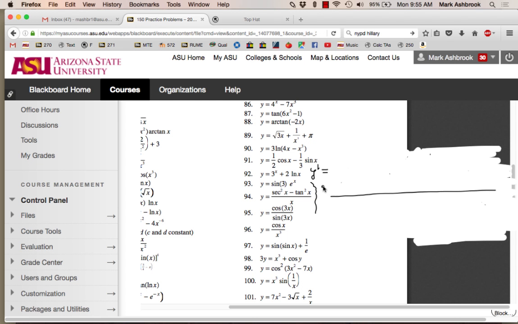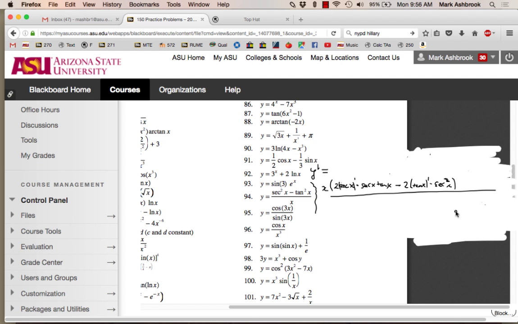It's going to be low, and then d high, which is, this is something squared, so it's going to be 2 times secant x to the first, times the rate of change of the interior function, secant x tangent x, okay, minus, same thing, 2 times tangent x times the rate of change of the interior, which is secant squared. Okay, that whole thing was just d high.